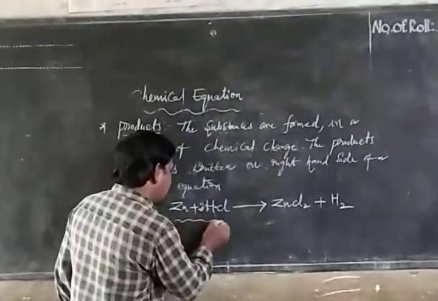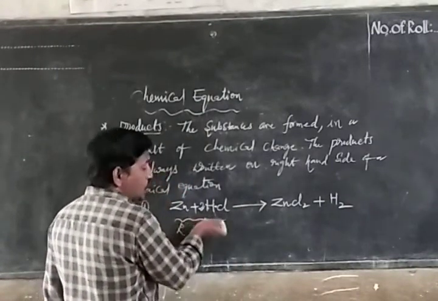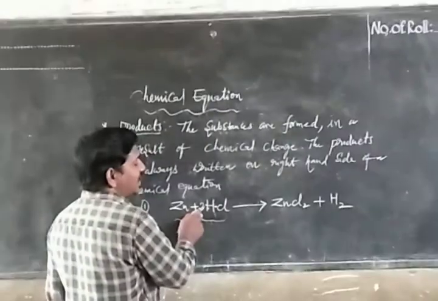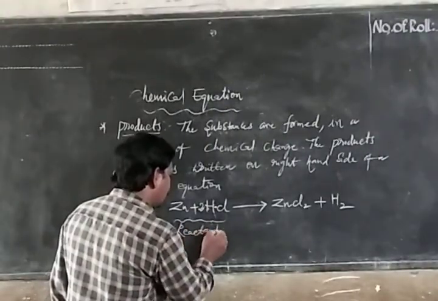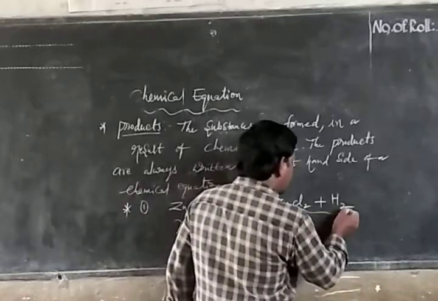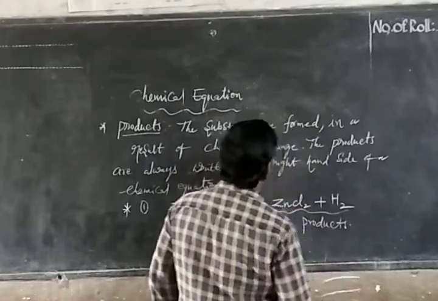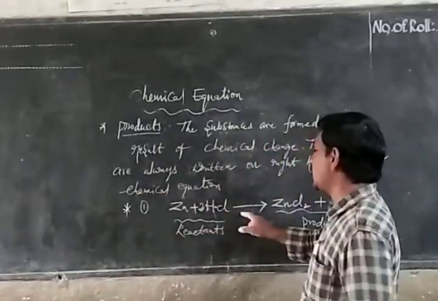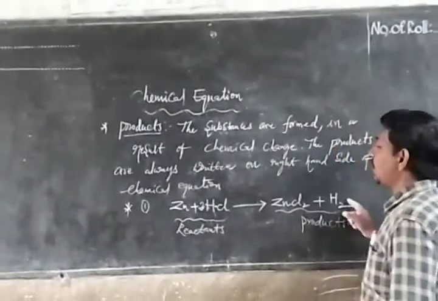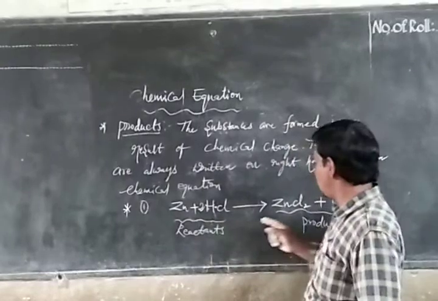These are reactants, which are on the left side of the chemical equation. These are products. Zn plus 2 HCl, these are reactants.